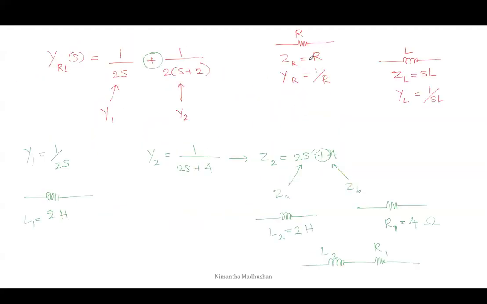First I consider Z1 is equal to S. According to this term, Z1 will be an inductor because there is an S term, and the value is 1. L1 is a 1 Henry inductor.